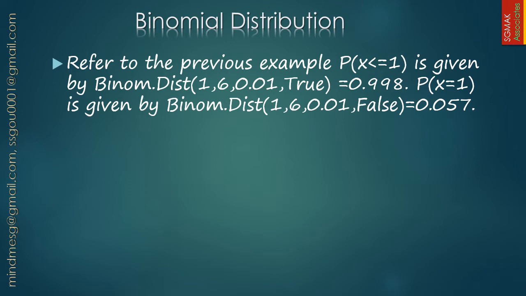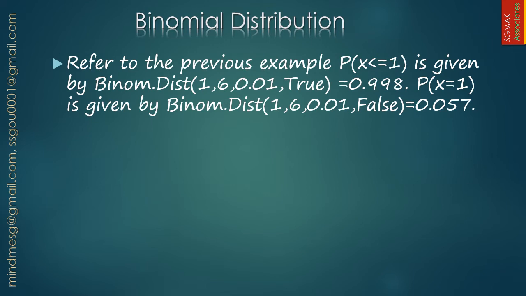Now if we set the 4th field as false, then as you can see here, we are putting in the binomial distribution parameters 1, 6, 0.01, and the 4th field false, we get a value 0.057.